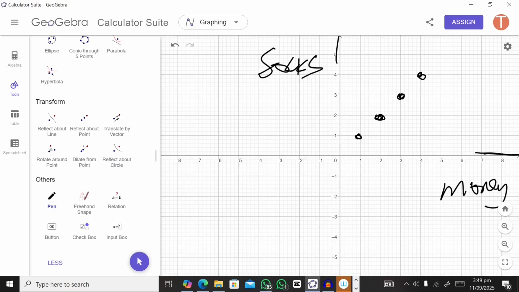In other words, you can see the relationship: the number of socks that I'm able to obtain is dependent on the number of dollars that are in my wallet. This forms a relationship that looks like this, whereby the number of dollars that I have directly relates to the number of socks that I can actually obtain.